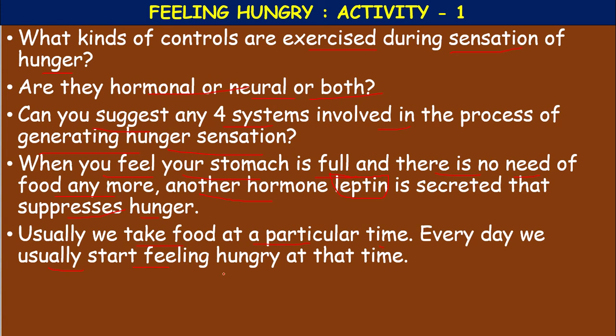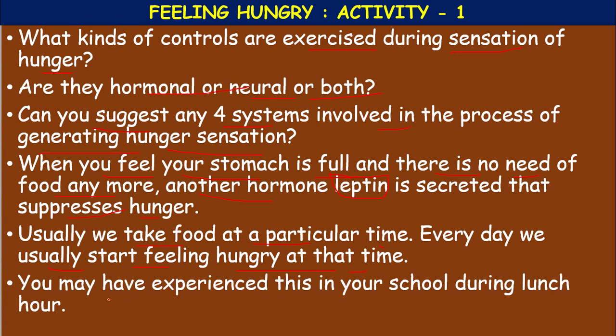We usually start feeling hungry at that time. You may have experienced this in your school during lunch hour, between 12 and 1, isn't it? What is that hormone which suppresses the hunger? Leptin. What is the hormone which stimulates the hunger? Ghrelin.